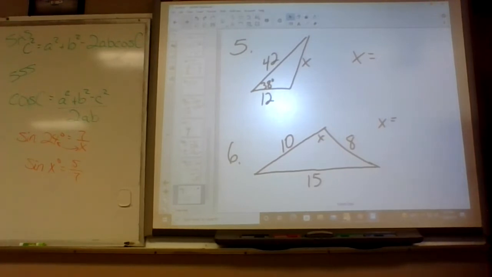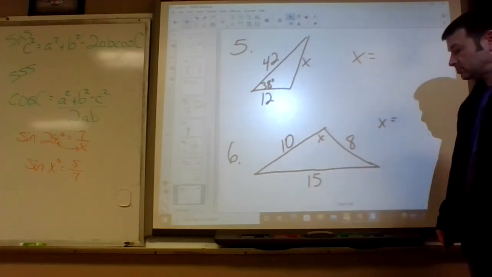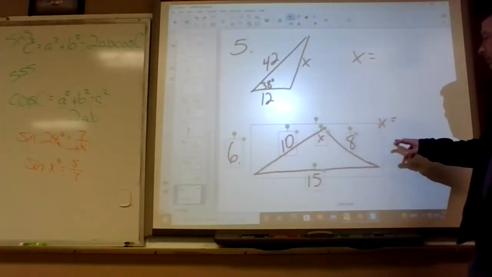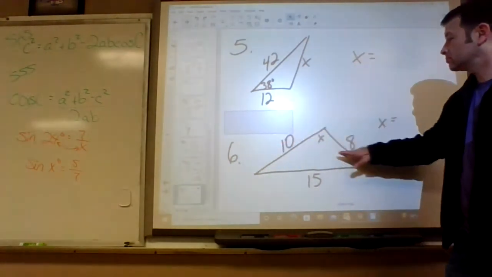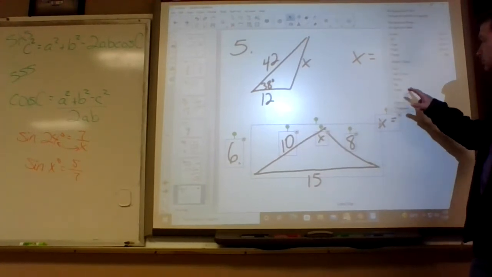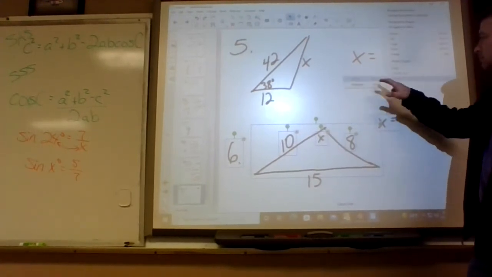Did you type it all in and forget to do the fraction? I'm pretty sure Dylan has done it right. Mr. Jordan, I'm not doing it.